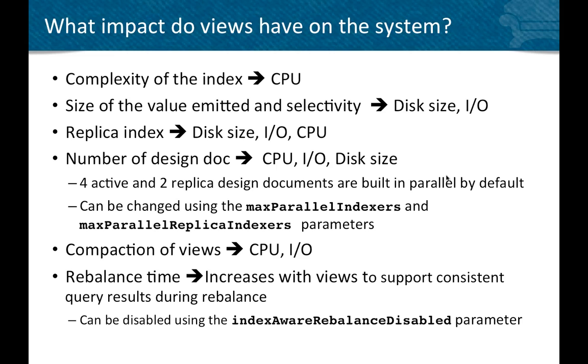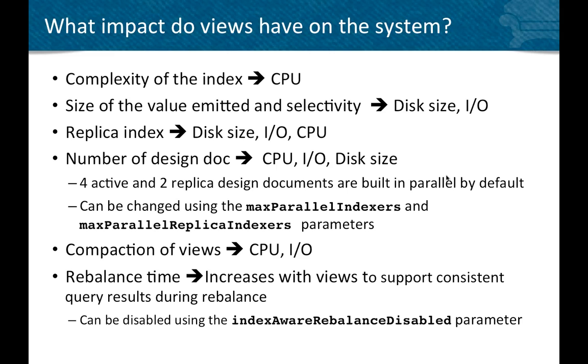And then probably the most visible thing, if you had been using Couchbase without views and then start using them heavily, is index-aware rebalances, which are turned on by default. That means we're always making a consistent query result available even during rebalance, but that can significantly slow down the amount of time it takes to do a rebalance.